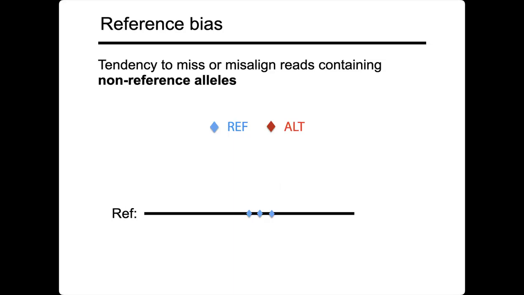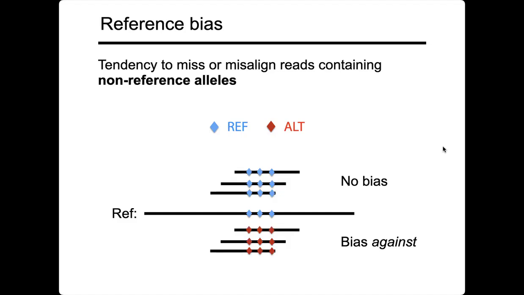So if the individual we're studying has patterns of reference and alt alleles, so alleles that match the reference and alleles that don't, and we're trying to align reads to it, we are more successful in finding the correct alignments for reads that have the reference alleles. Those match well. They yield long, unambiguous, nice exact matches, versus reads that have alt alleles, have non-reference alleles.